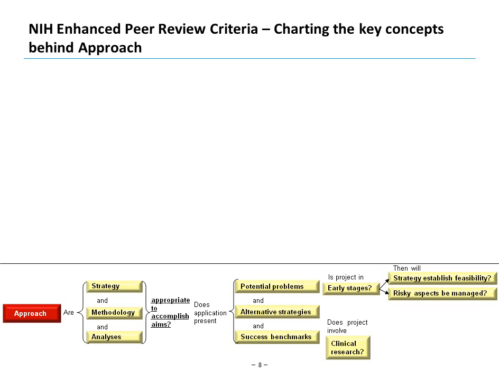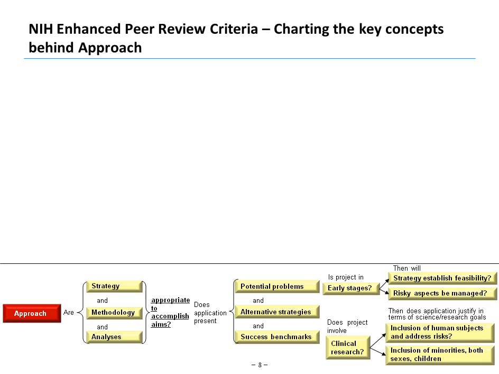And finally, does your project involve clinical research? If it does, then does the application justify, in terms of the science research goals, inclusion of human subjects and address the risks of including human subjects, and also the inclusion of minorities, both sexes, and children? Now, it's really important when you address your approach section to meet the criteria in the first two columns: strategy, methodology, and analyses, and also potential problems and alternative strategies and success benchmarks. You need to address all of those criteria in your approach section.